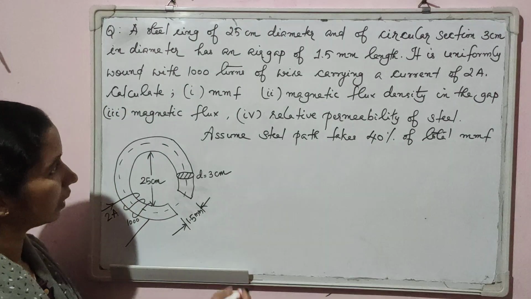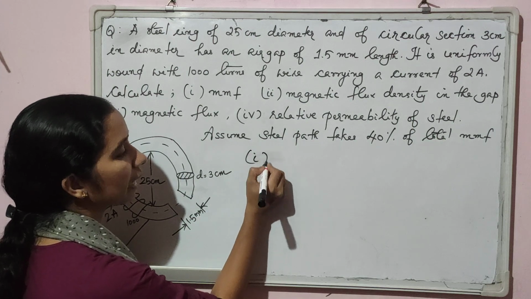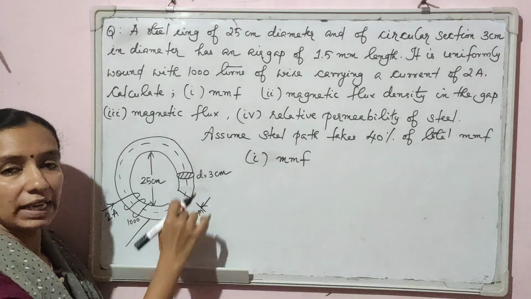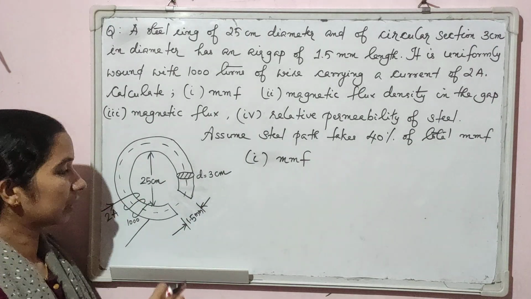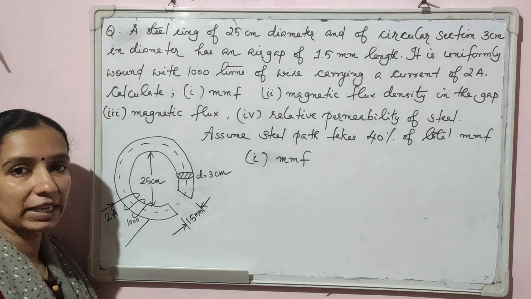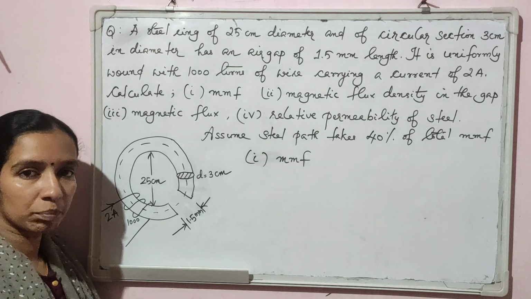So let us calculate the first part, that is, the MMF of this particular circuit. We know that this is a series magnetic circuit. There is steel material as well as air.